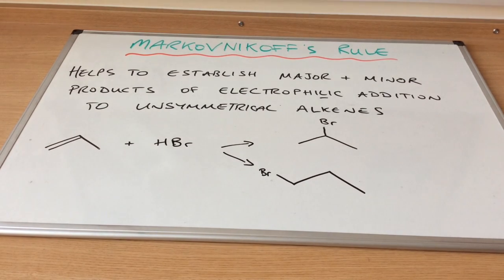And of course, if the addition was the other way around, where the hydrogen attached at carbon number 2 and the bromine at number 1, we'd get the product below, 1-bromopropane. We're going to use Markovnikoff's rule to establish why 2-bromopropane is the major product of this reaction and 1-bromopropane is the minor product. To do that, we need to look closely at the mechanism.